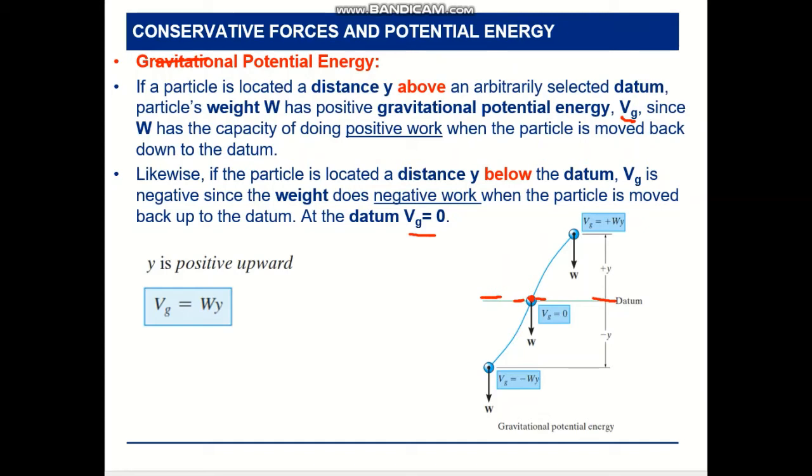If it goes down, it's going to be negative potential energy, because you made this particle lose its potential energy relative to this datum. How we calculate it is just multiplying W, which is mg, by the height, which is the plus y, or you can just write h, which is mgh.